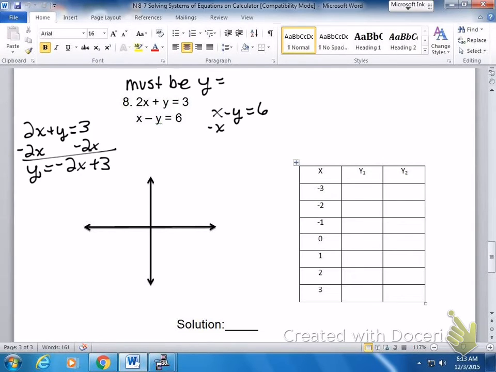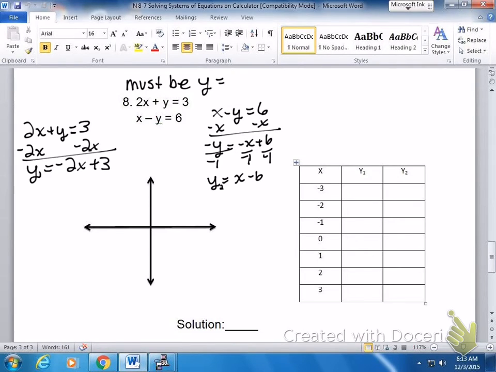I'm going to subtract the x from both sides, and I get negative y equals negative x plus 6. Of course, we don't want negative y, so I divide everything by negative 1. Now I have y equals x minus 6. We'll call this one y2.